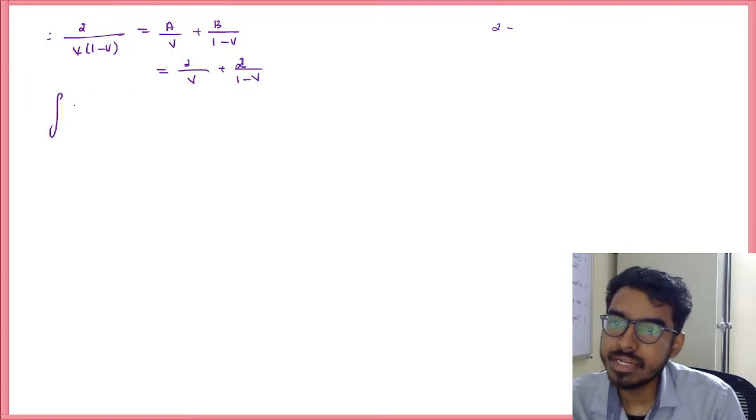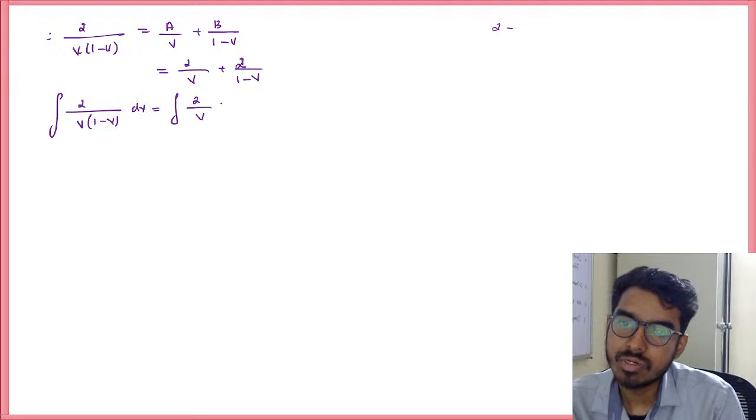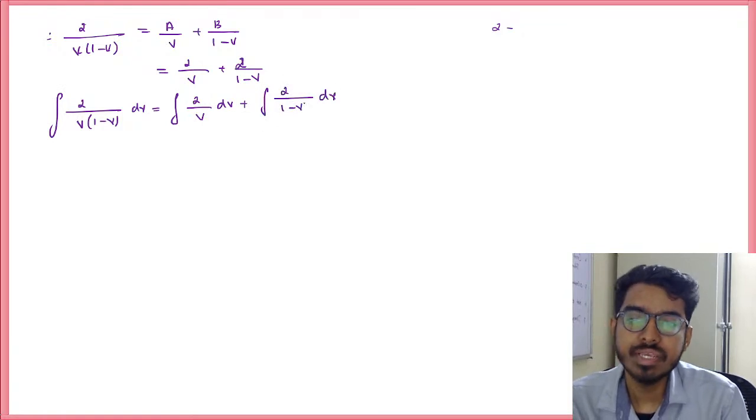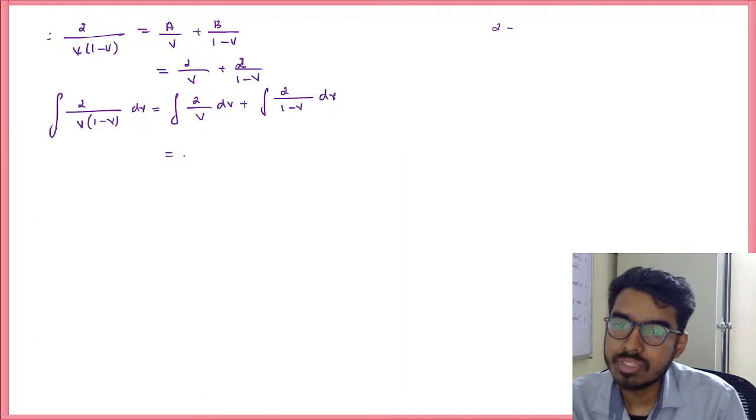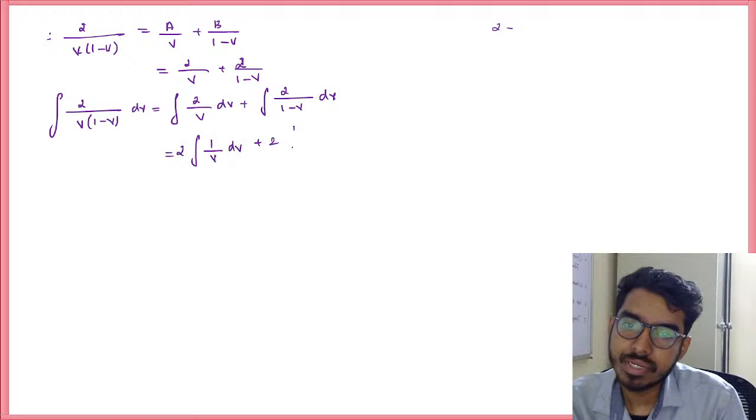So if I integrate this, 2 divided by v into 1 minus v dv is equal to integration of 2 by v dv plus integration of 2 divided by 1 minus v dv. So A is 2, B is 2. If I take 2 outside, this will be 1 by v dv, and 1 by 1 minus v dv.